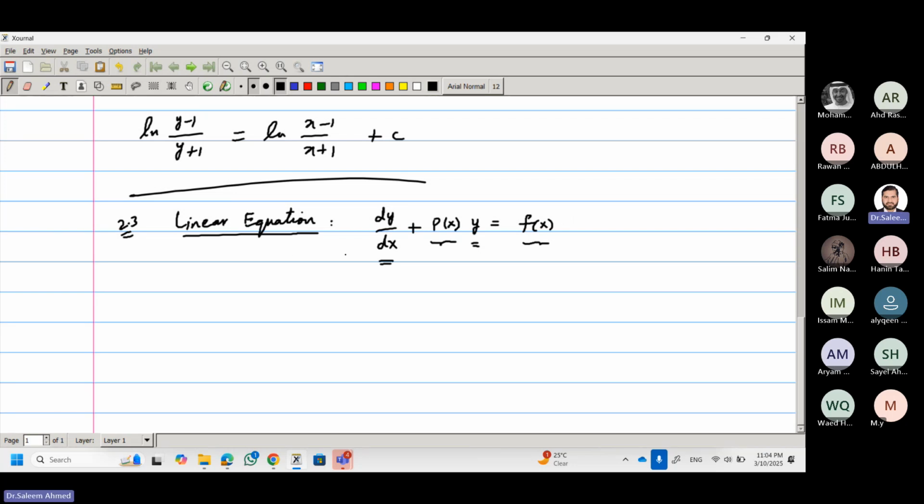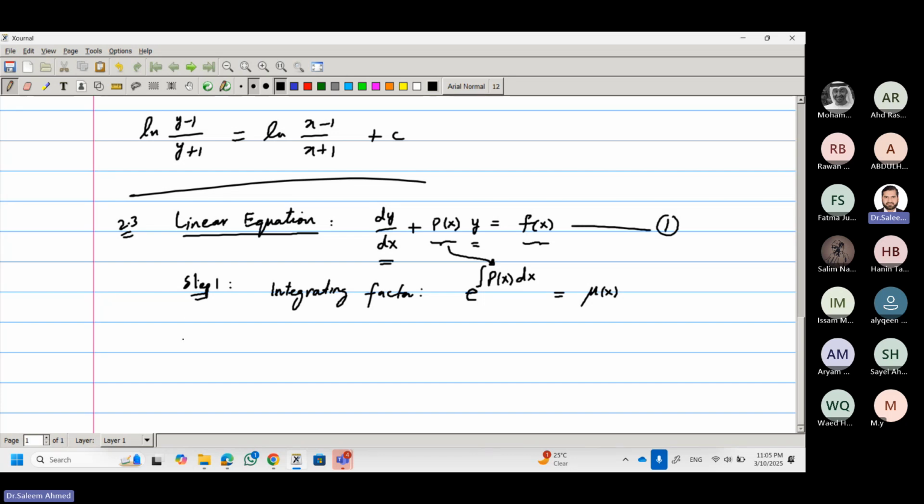To solve this, we have two methods. First step is that you find the integrating factor. We define it like e to the power integral of p of x dx. You see this p of x goes here. So whatever you get, it is a function of x, right?